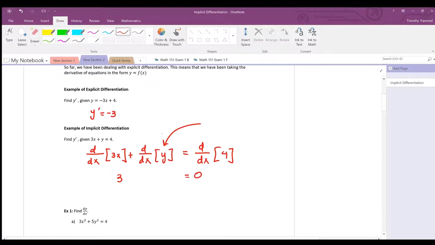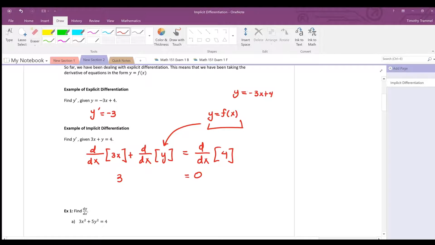Well, when we do these implicit derivatives, we're assuming that y is some function of x. So what I'm trying to say is we may not know exactly what y looks like, but we know that it depends on x.